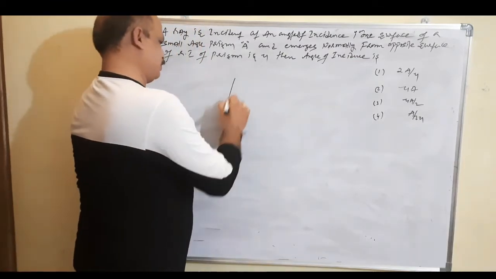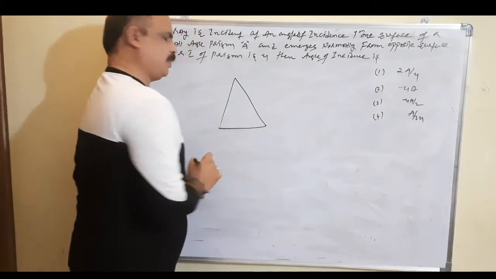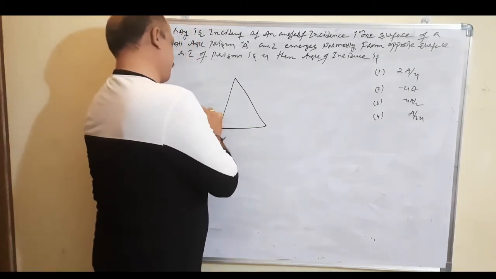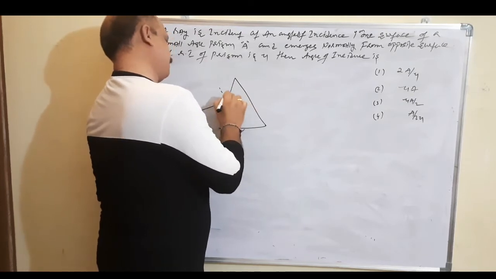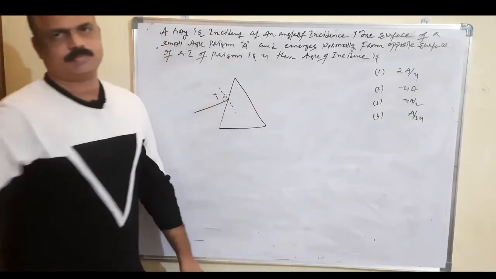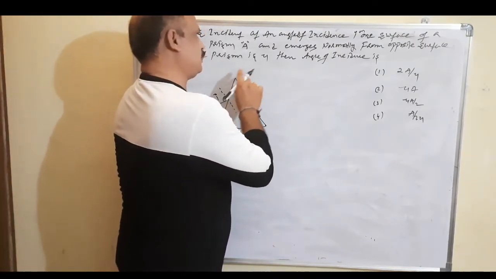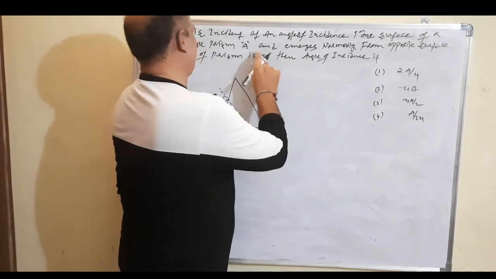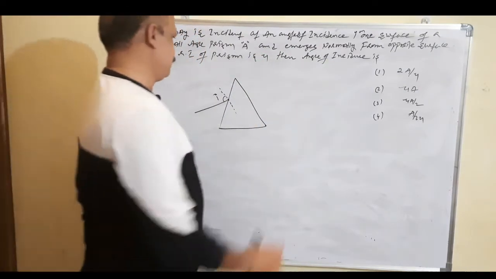So this is a prism. Okay. Now the light ray is incident on the prism at one surface at an angle of incidence i. Now this light ray emerges normally from the opposite surface.